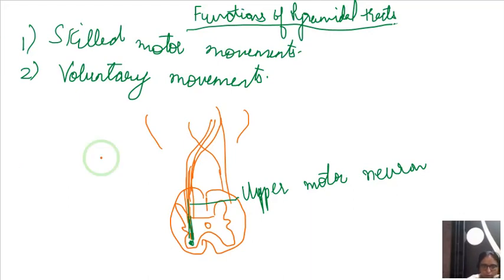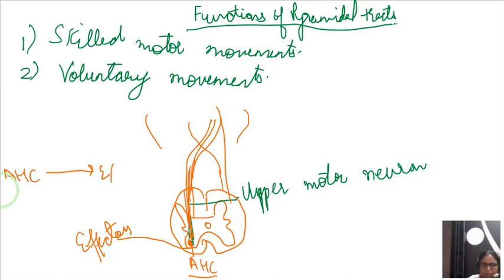This is your anterior horn cell, means AHC, right? The neurons which are starting from your anterior horn cell up to your effectors, means anterior horn cell to effectors, in simple terms they are your lower motor neurons.